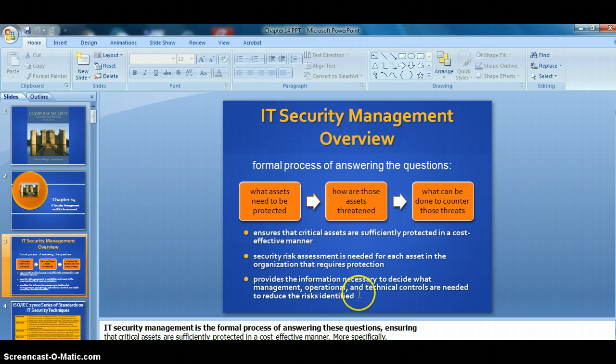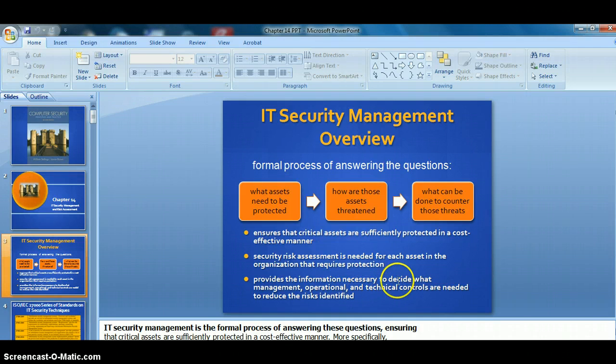When we go with risk analysis, we have to identify what level of security you are looking for, as information necessary to decide what security management, operational security, and technical security controls are needed to reduce that identified risk.